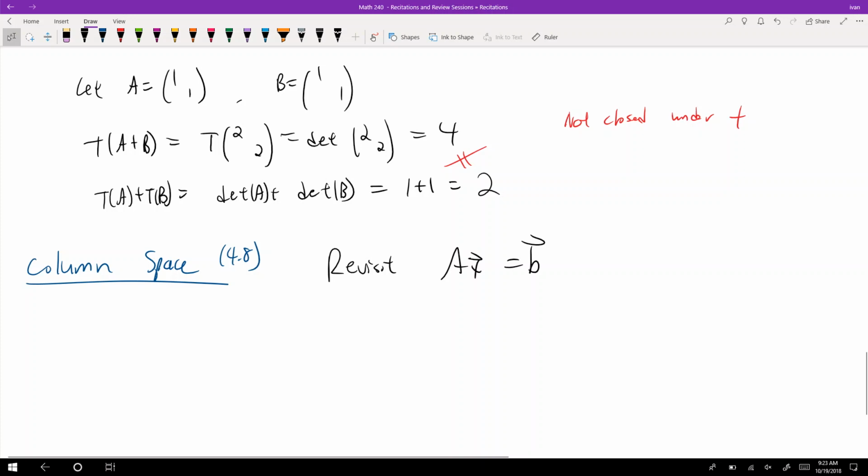So we have A times X equals B. So A is actually a linear transformation. And sometimes we want to ask ourselves what possible values can A hit?